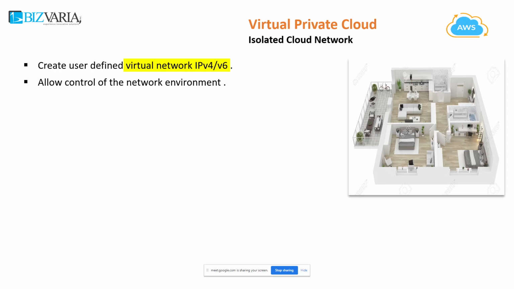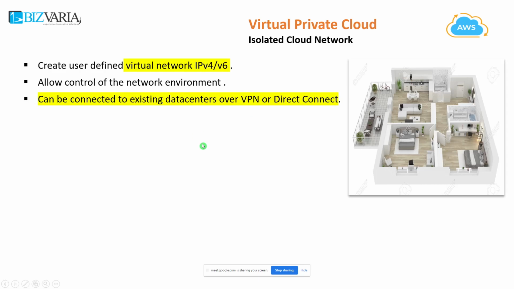Allow control of the network environment. So you have complete control over your apartment, your VPC, and everything inside that VPC. All the resources like EC2 instances, a database, S3, this is all yours, 100% control.